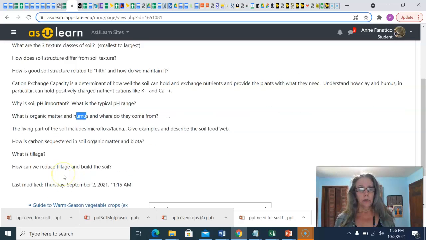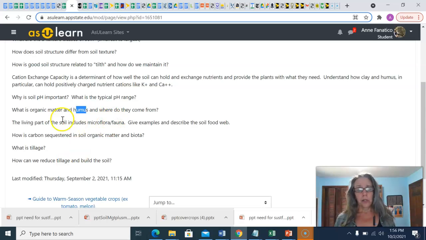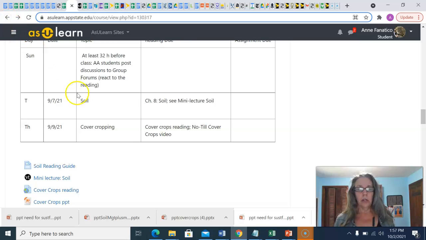That's why it's so important to sequester carbon in the soil, and the biota, the soil microbes, are key for this. You do need to know some about tillage, and I definitely gave y'all a PowerPoint on that.